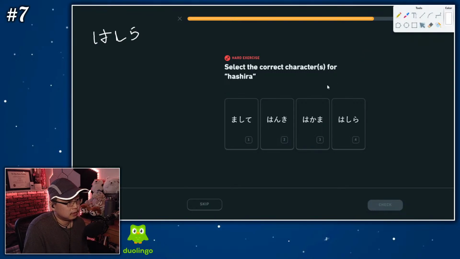So, Shida. This is Mashide. Mashide. Mashite.